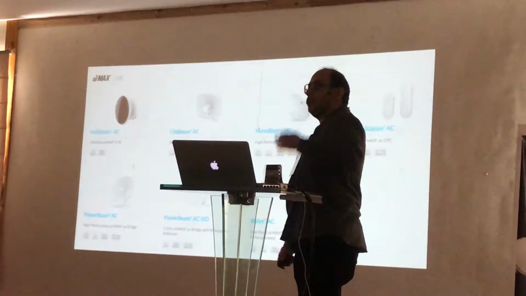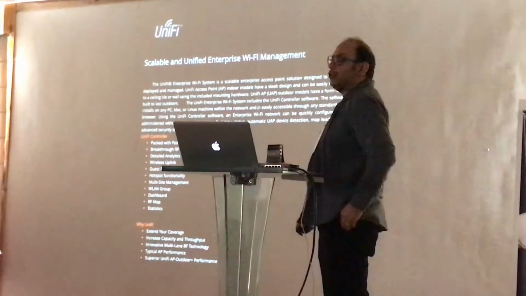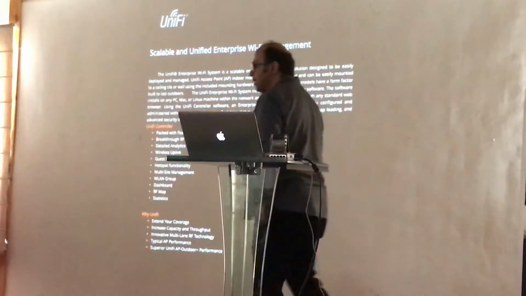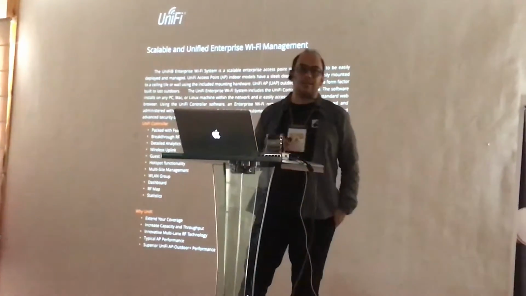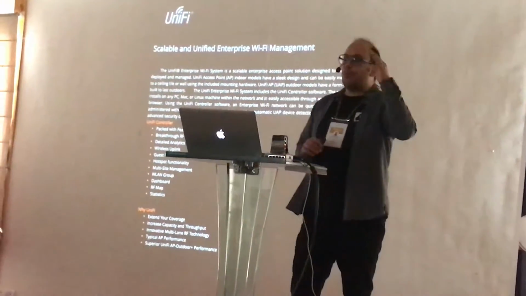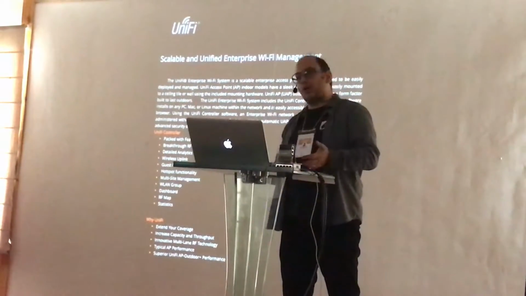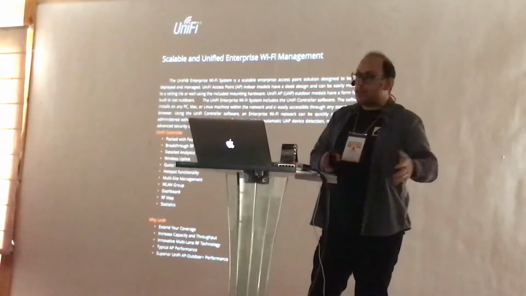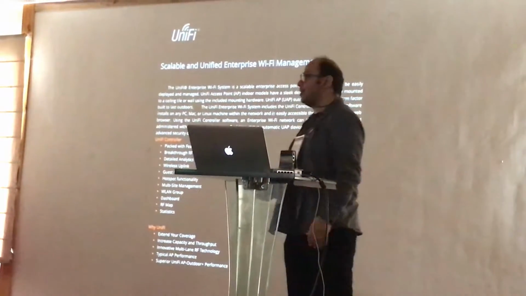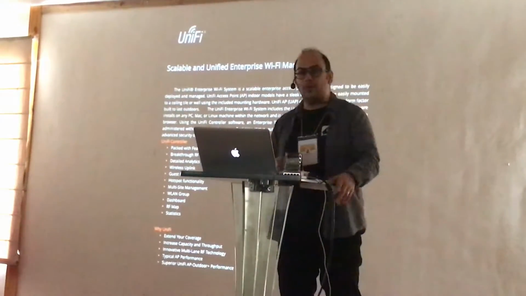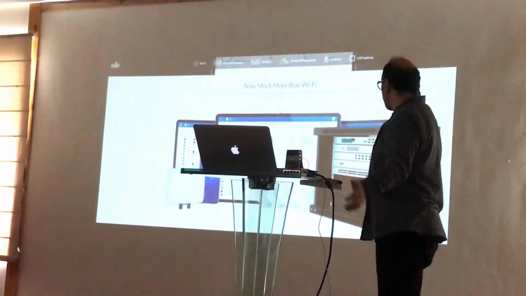The third technology line of Ubiquiti is called UniFi, and UniFi is all about Wi-Fi distribution. So, point-to-point, AirFiber, point-to-point and point-to-multipoint products, AirMax, and now UniFi is the technology name of Ubiquiti for Wi-Fi products.